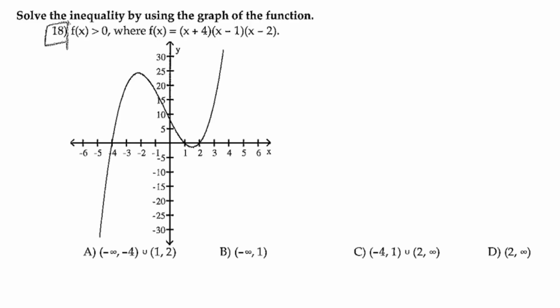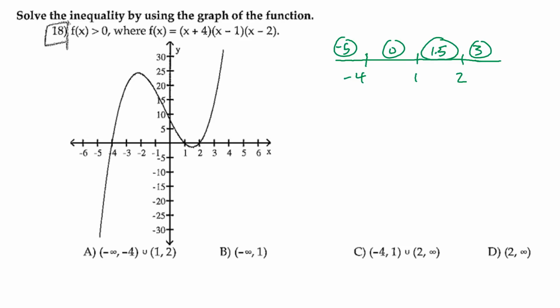If we solve this inequality, let's say we solved it algebraically, then we could say that the roots would be -4, +1, and +2. And we can choose test values at -5, at 0, 1.5, and 3. Those are just some random numbers that are on those spaces between those numbers.